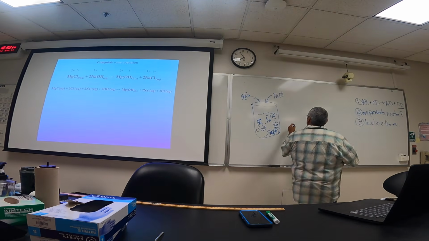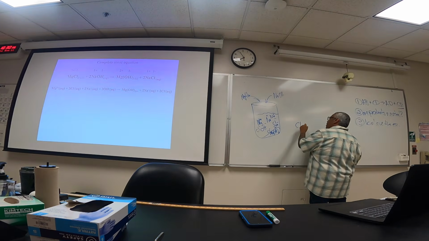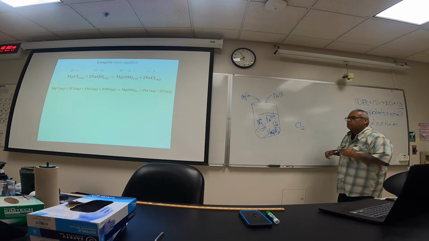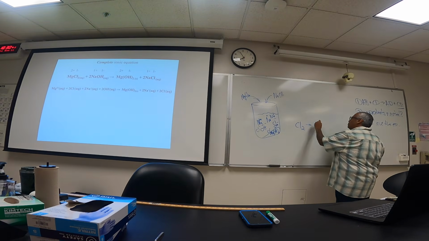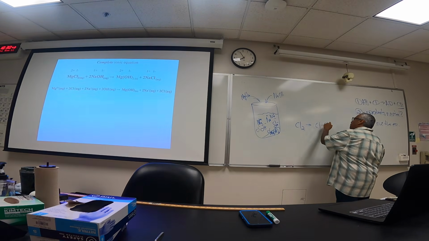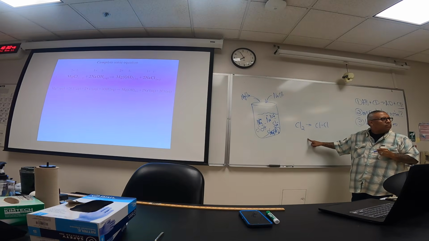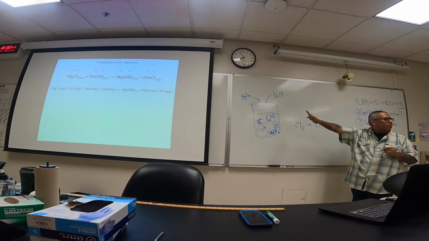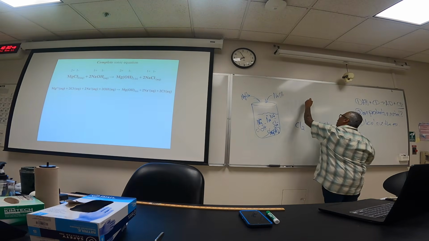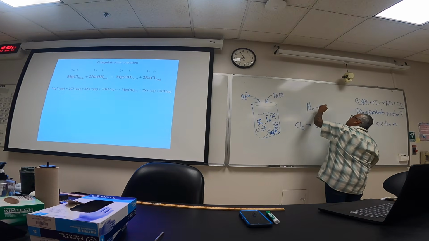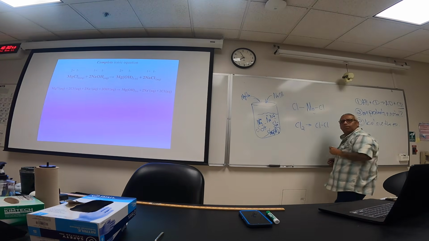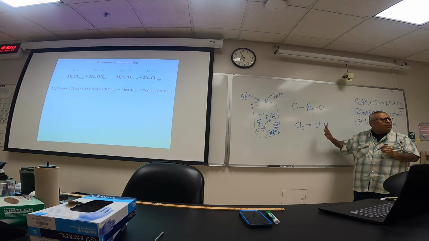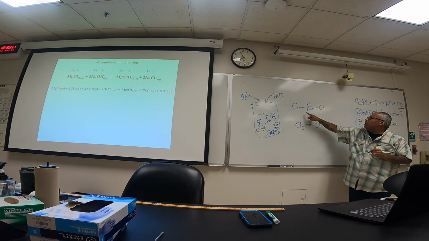When I write this, if I write this, this represents this. But that's not what we have up there. What we have is magnesium bonded to this and bonded to this. So the chlorides aren't bonded to each other, right?